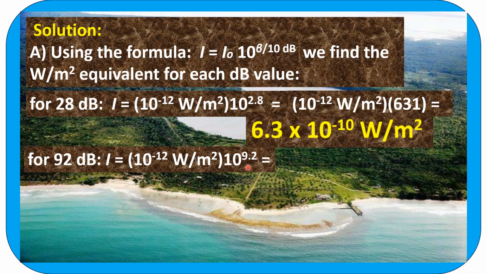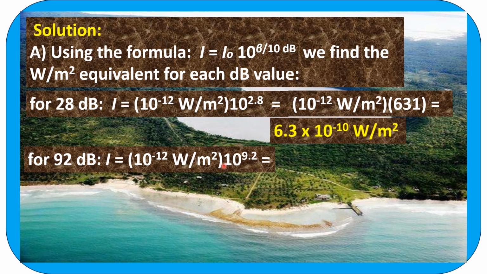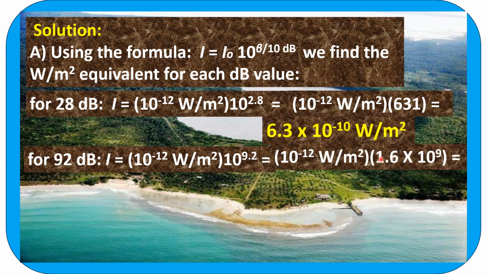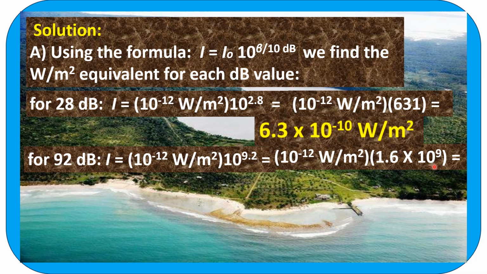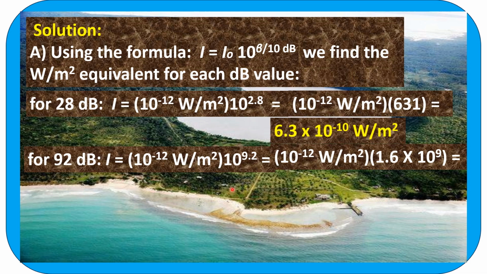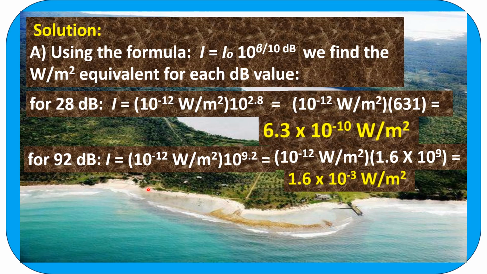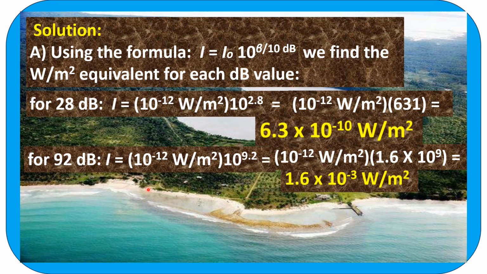And with the help of your scientific calculator again, the equivalent of 10 raised to the power 9.2 is in fact equal to 1.6 times 10 to the 9. All right? And multiply that with I naught, 10 raised to the negative 12 watts per meter squared, we obtain the intensity equivalent of 92 decibels, and that is 1.6 times 10 to the negative 3 watts per meter squared.